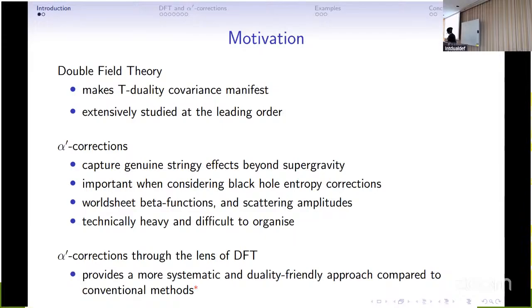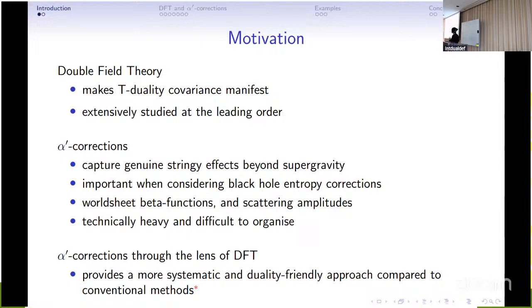Now, to go over the outline a little bit, if you see the little red asterisk showing up there, that is to mention that 99.9% of my talk will be sticking to the regime where DFT and alpha prime corrections are still doing okay with each other.